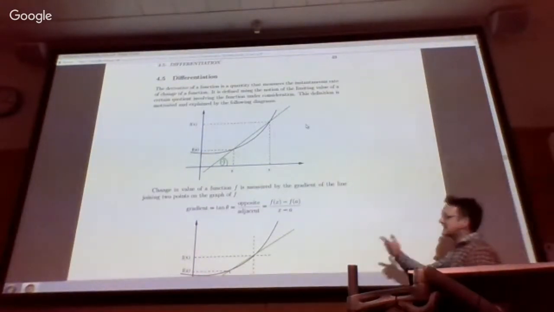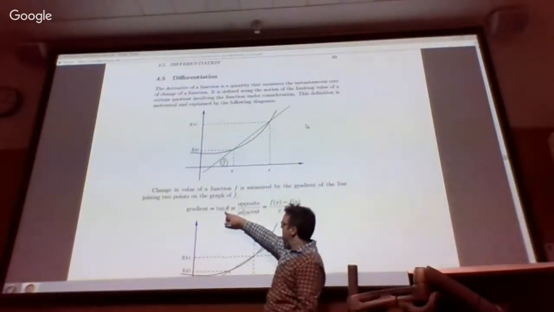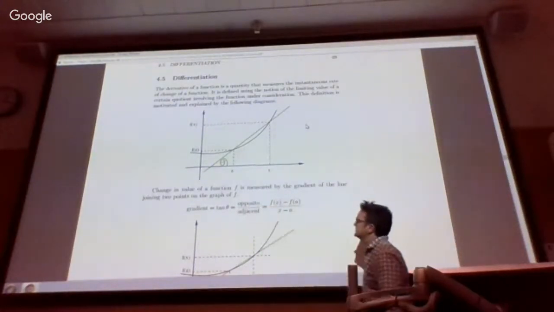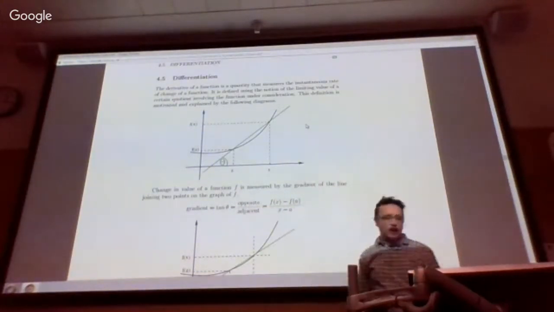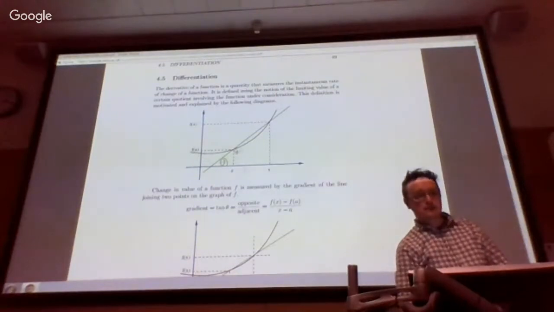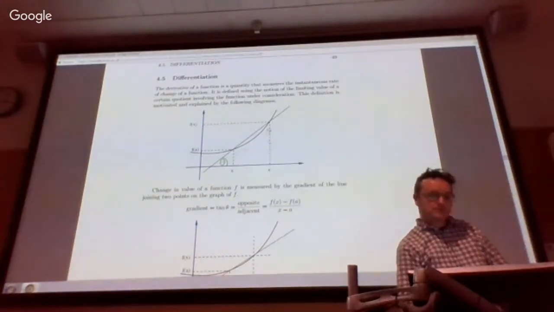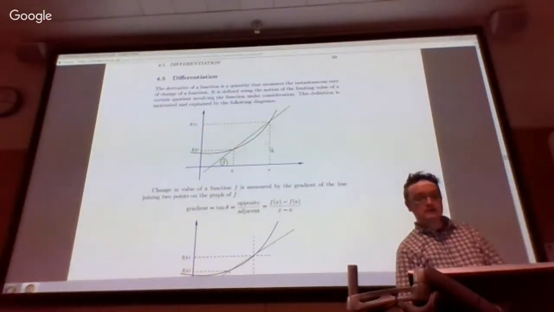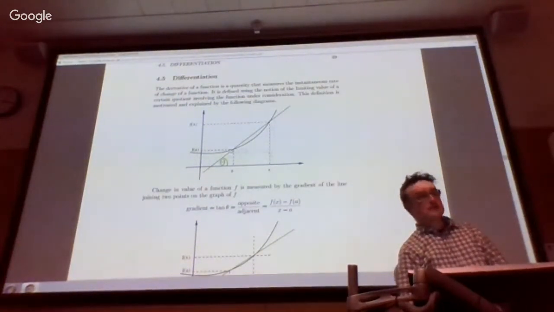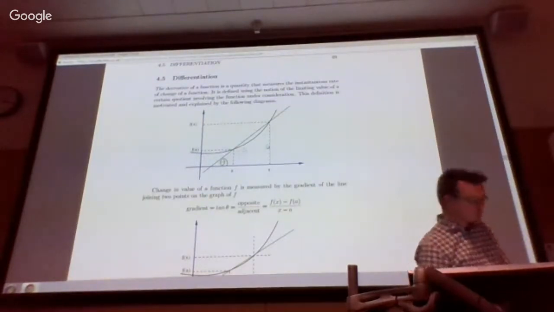Remember, that's how the tangent trigonometric function is defined. The opposite side of this right angle triangle, you could draw it into the diagram in your notes, is the difference f of x minus f of a, the length of that vertical side. And the length of the bottom side is the difference x minus a.